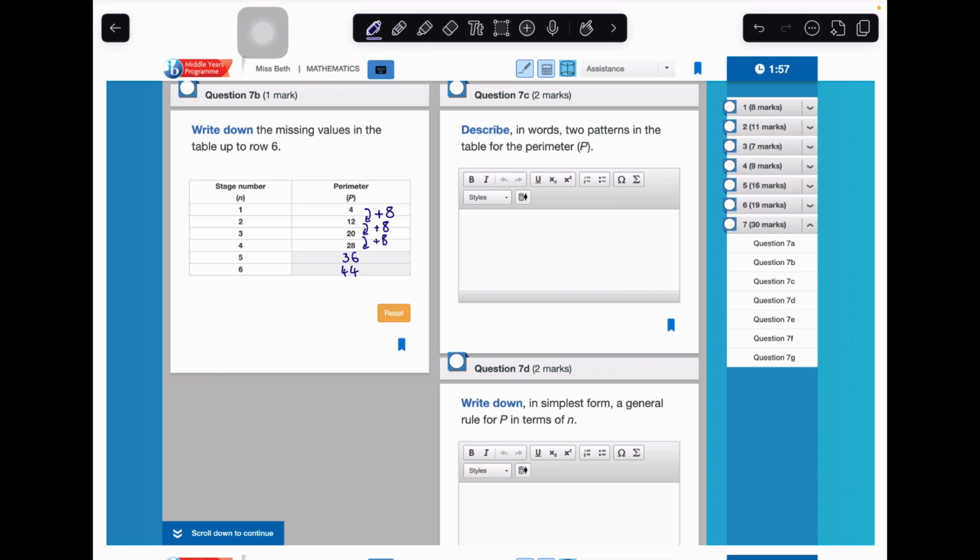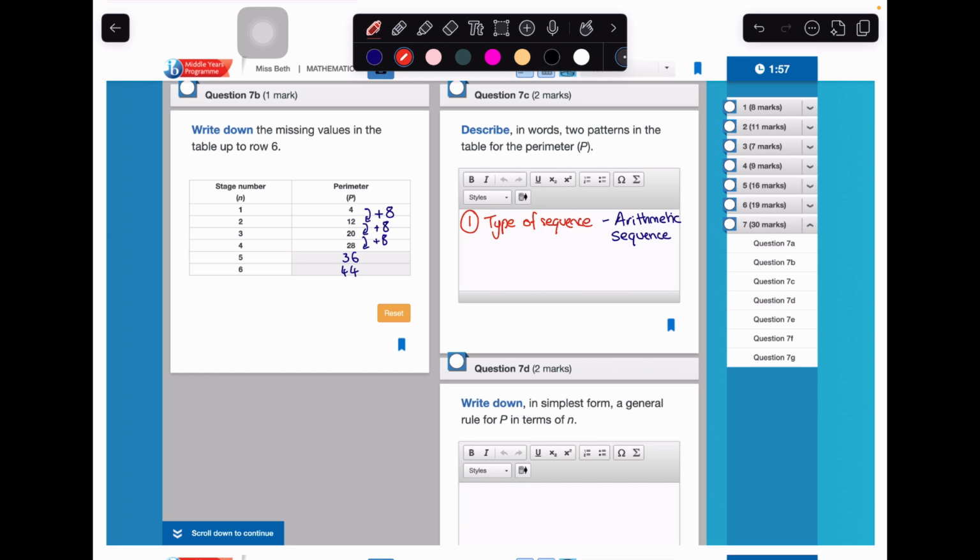On to 7C, we have describing in words the pattern in the table for the perimeter. So what you need to do here, the first thing you are going to state is the type of sequence. Okay, here, because it is going up by 8 each time, we know it is arithmetic. So it's an arithmetic sequence. So that's the first thing to say.